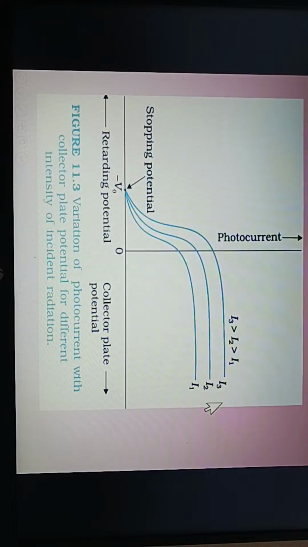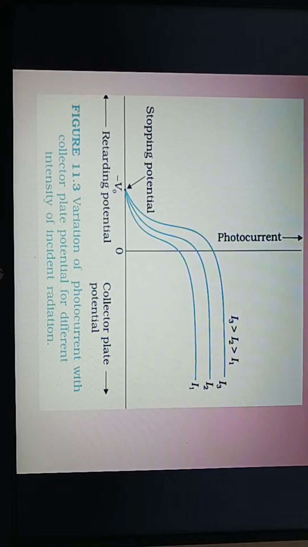Okay, but did you find any difference between this graph and the graph which I am showing you? In this graph all currents are coming to only one point. That is called stopping potential, where current will be zero.